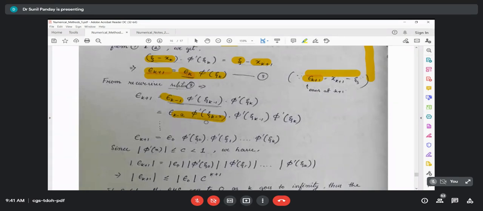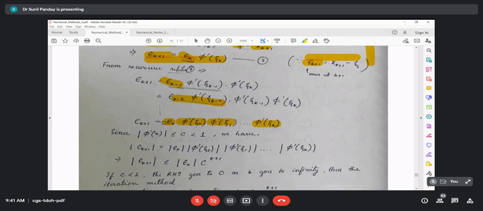So if we go recursively, we will go till epsilon_0 phi dash of xi_0 phi dash of xi_1 up to phi dash of xi_k. This is the way we get the error at the k+1th iteration rewritten in terms of this. Now we have assumed in the statement of the theorem that the absolute value of phi dash of x is less than or equal to c, which is less than 1.